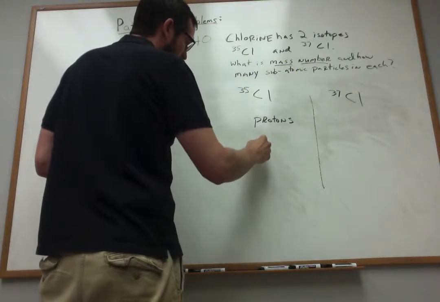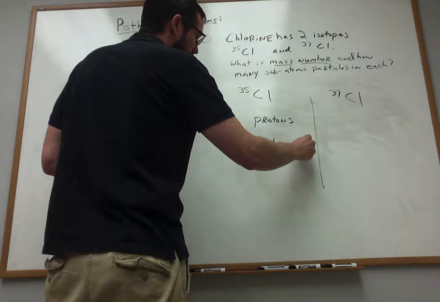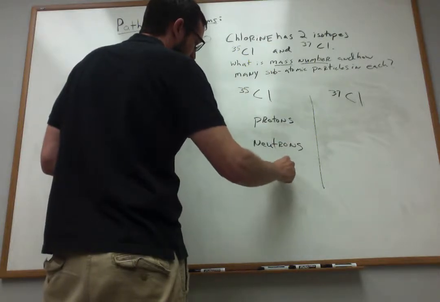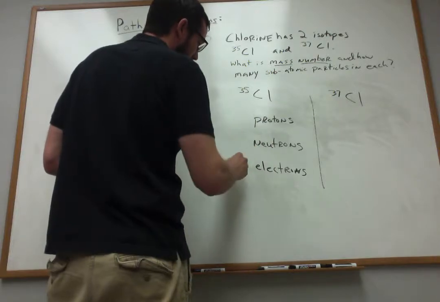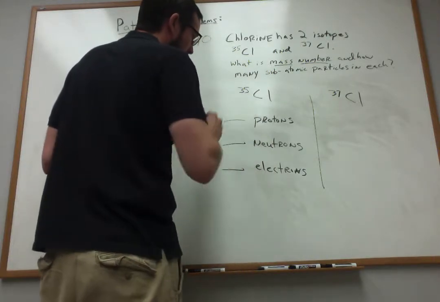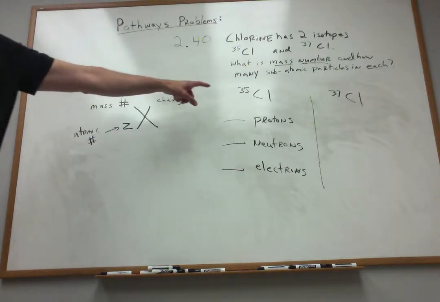Now you may remember there are three different subatomic particles that make up our atoms. There are protons, there are neutrons, there are electrons. Three different particles. We want to figure out how many of these are present given this notation.